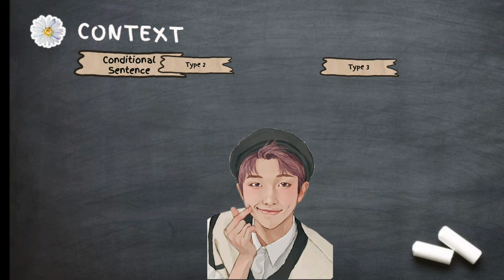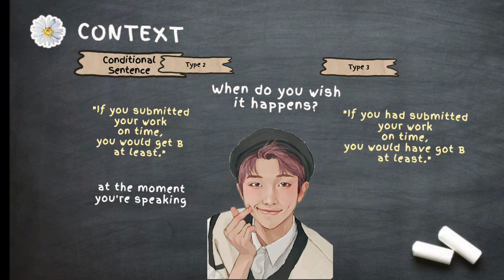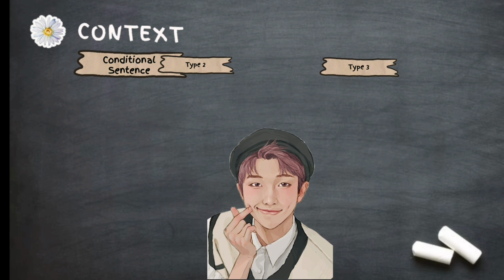The difference is when you wish it happened. For type 2, you imagine that this condition in your if clause happened at the moment you speak. But then, for type 3, you imagine the sentence in your if clause happened back then, in the past.